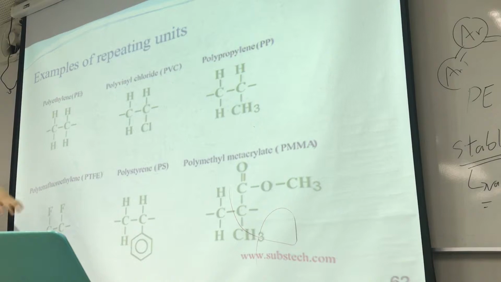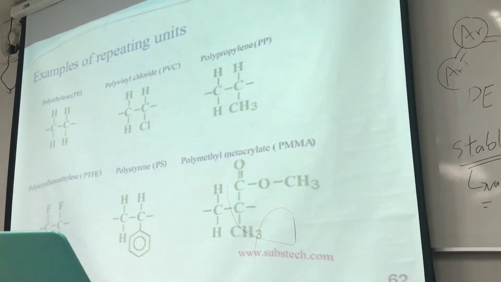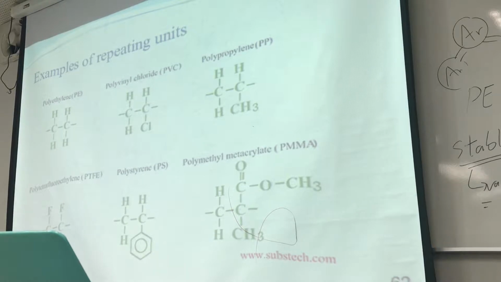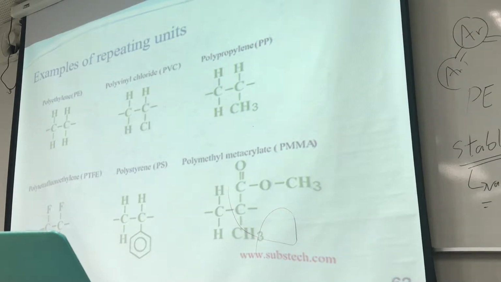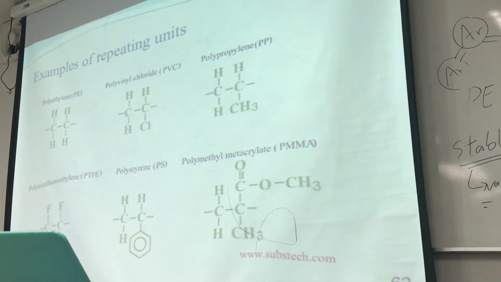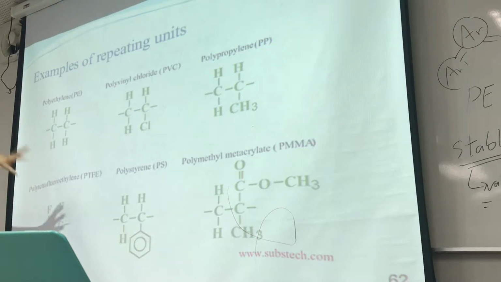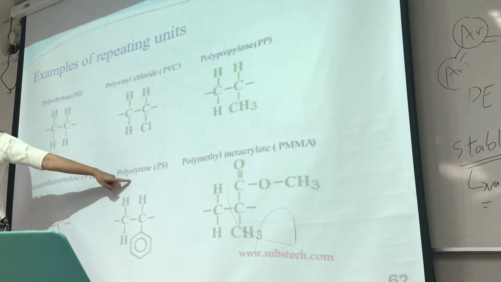Next, how about we start with ethylene and then remember the word benzene. You see that is the ring of benzene. The ring of benzene is 6 C, right? With alternating double and single bonds. See that? So when we replace one of the H with one benzene, we call it styrene.